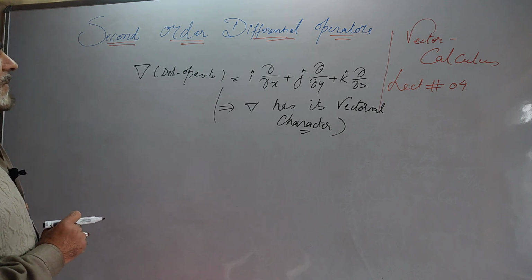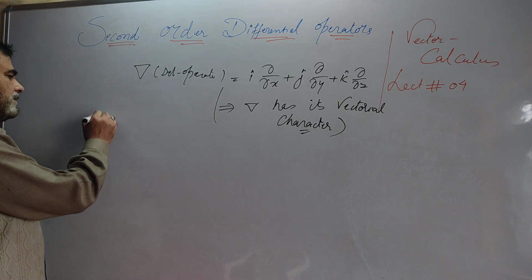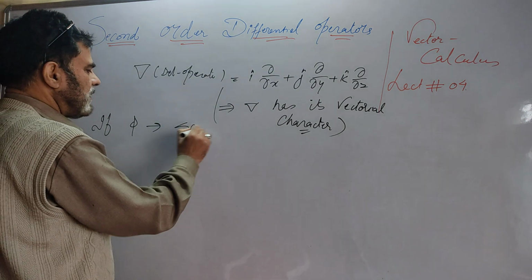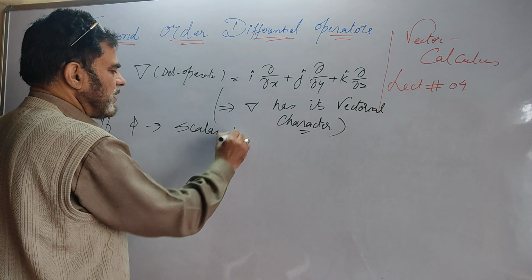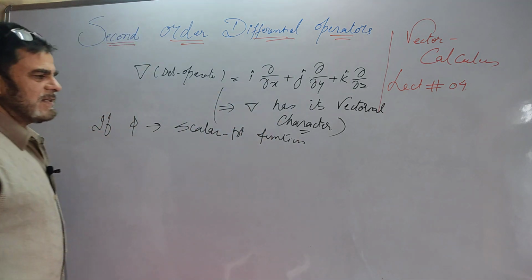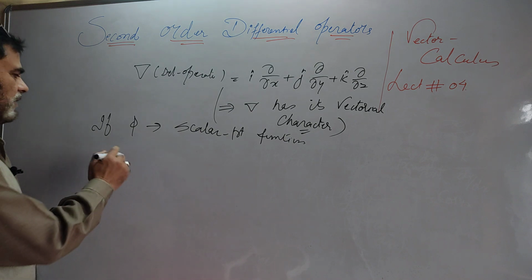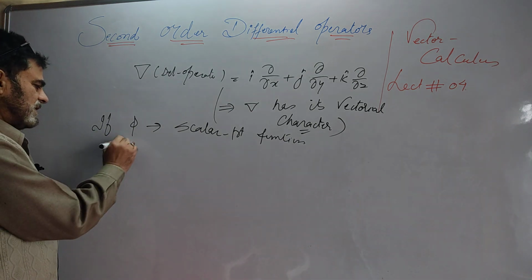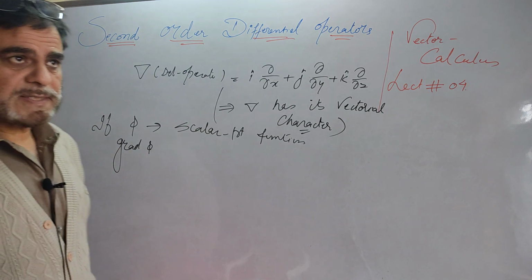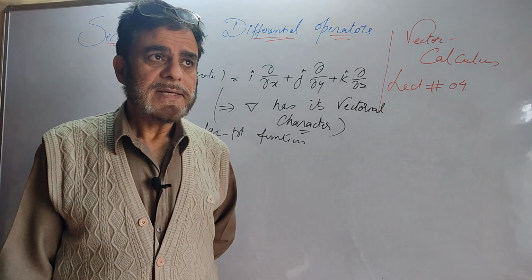Next, if phi is a scalar point function, then you found in previous lectures the gradient of phi. Does the gradient of phi remain scalar?